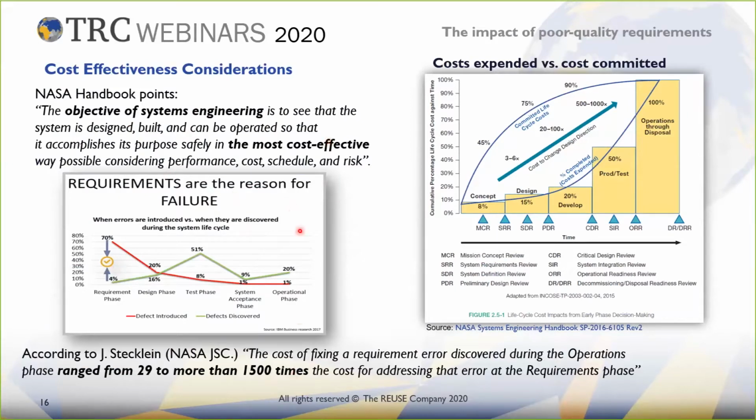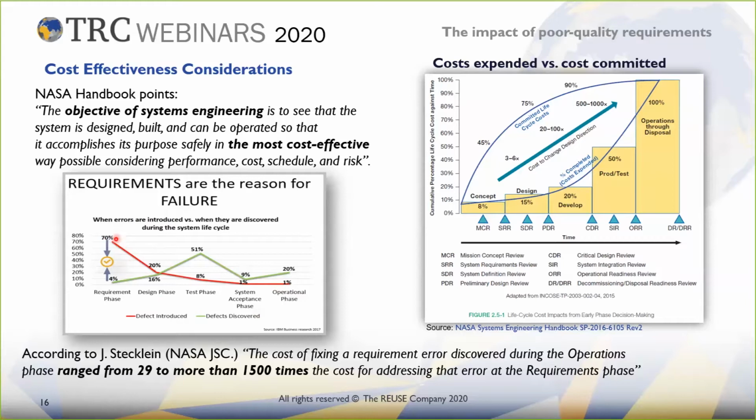We have included here this graph from IBM, in this case talking about requirements as the reason for failure, when the errors are identified in the design process, and when those defects can be discovered. In this case, we see in the red line that the defects are introduced mostly at the beginning of the project phases.